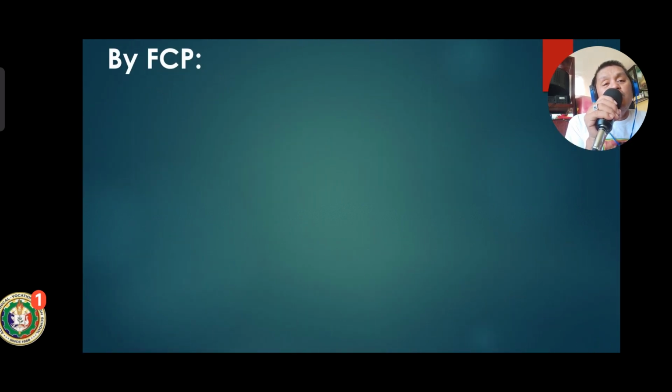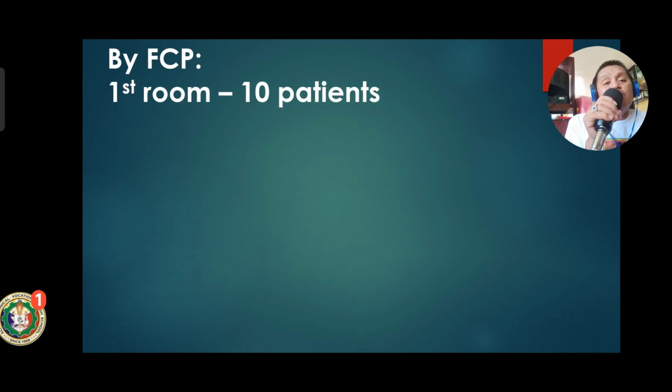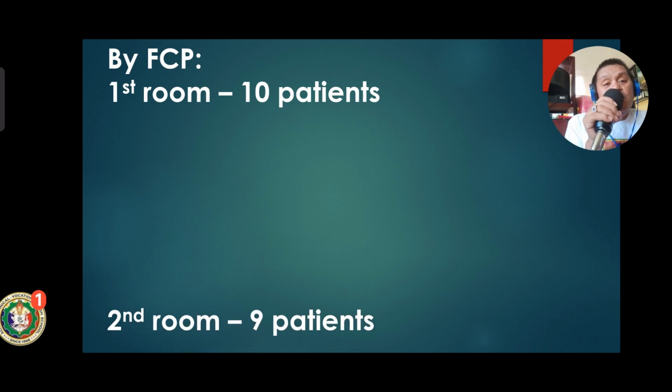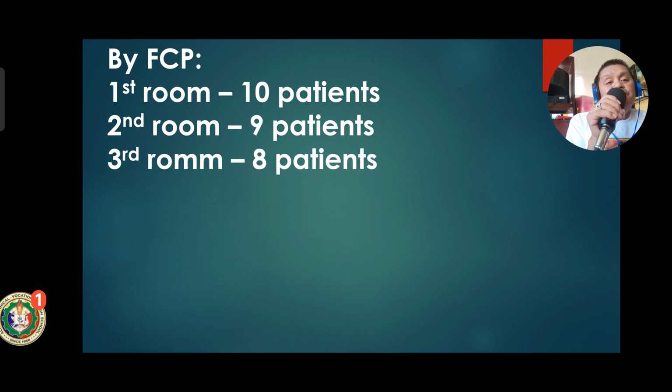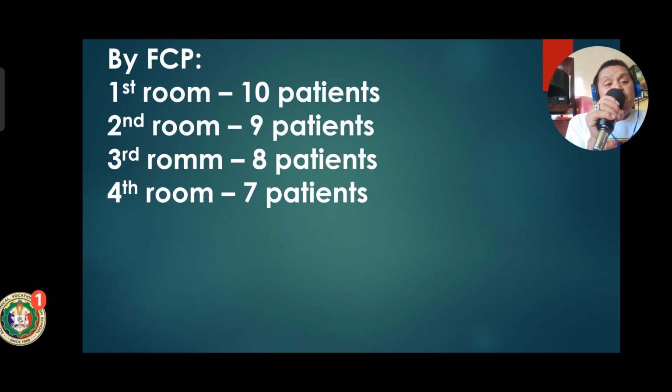So what will you do? By the fundamental counting principle, for the first room, there are 10 ways for the patients to be allocated. The second room, 9 ways. Third room, 8 ways. Fourth room, 7 ways.